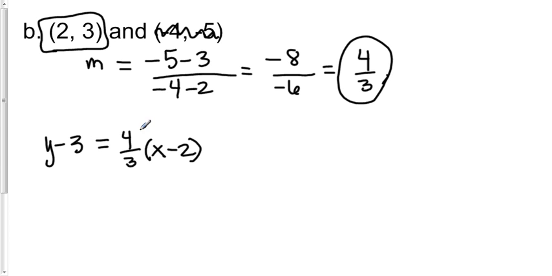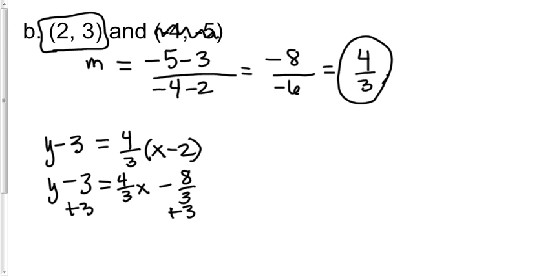Okay, next comes distributive property. It's the same steps every time. So y minus 3 equals 4/3 times x minus 4/3 times 2. That's really just 8/3, if I leave it as an improper fraction. Now I'm going to add 3 on each side.